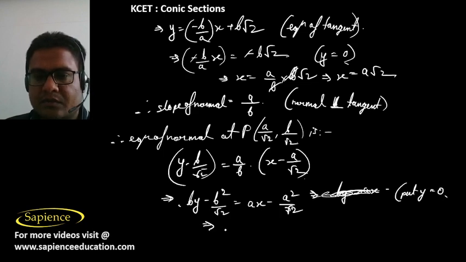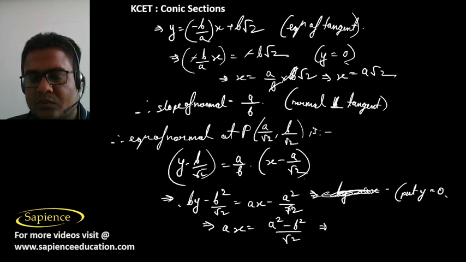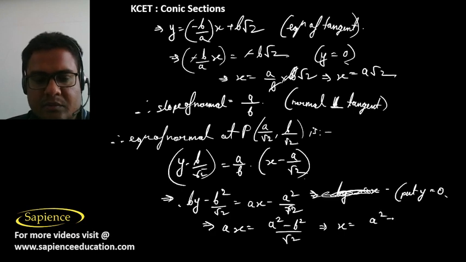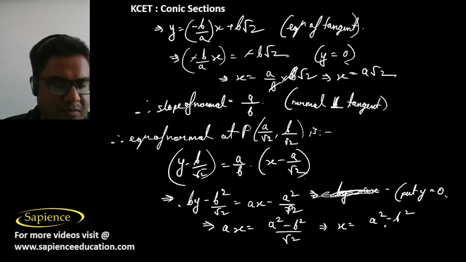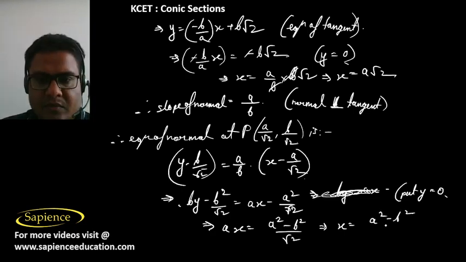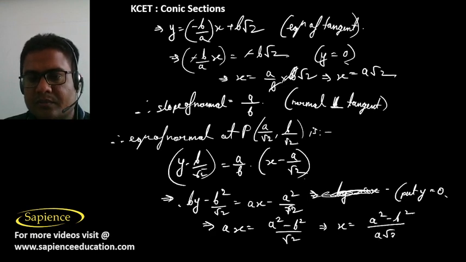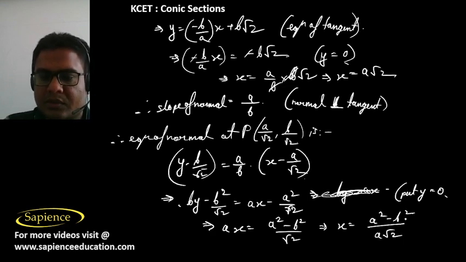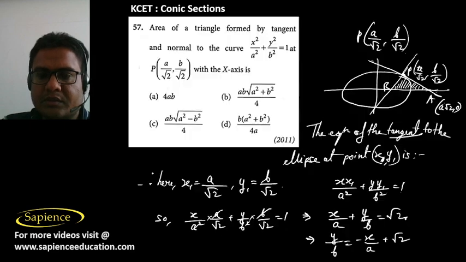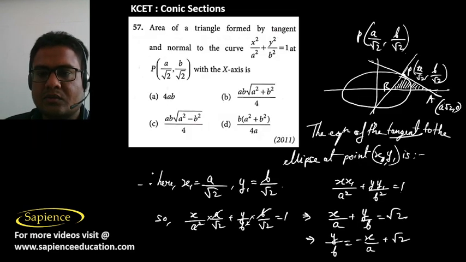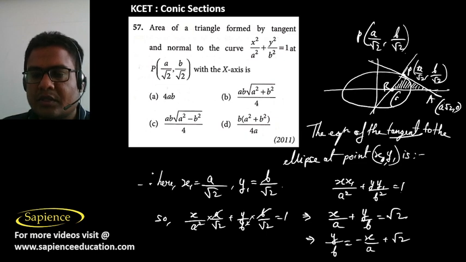So then we will have ax equal to a square minus b square by root 2. So x coordinate will be a square minus b square by a root 2. So therefore the coordinates of this point B will be a square minus b square by a root 2 comma 0.